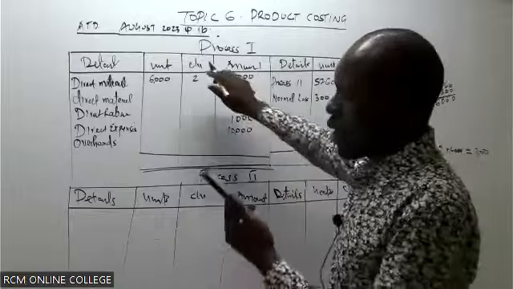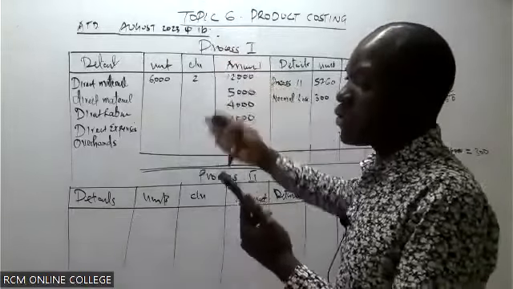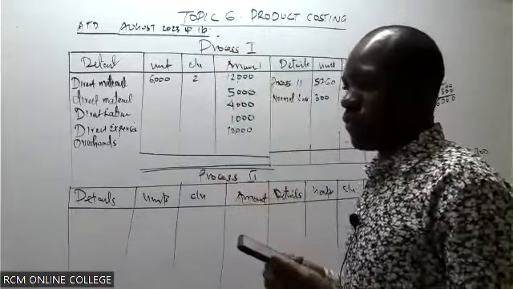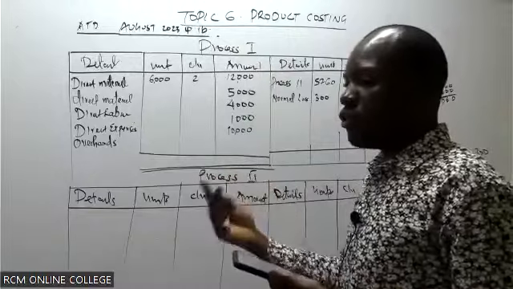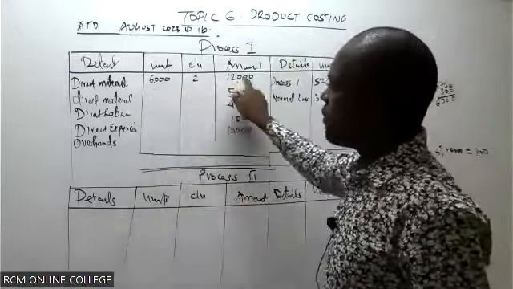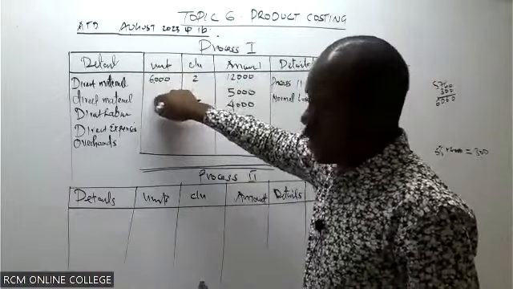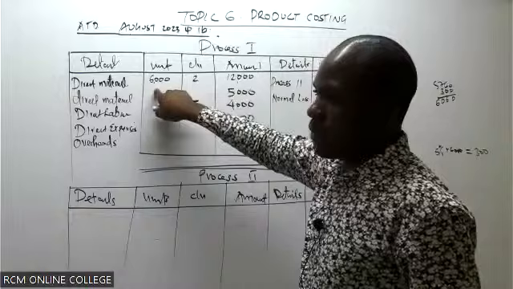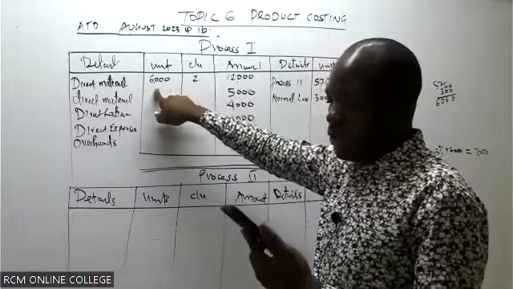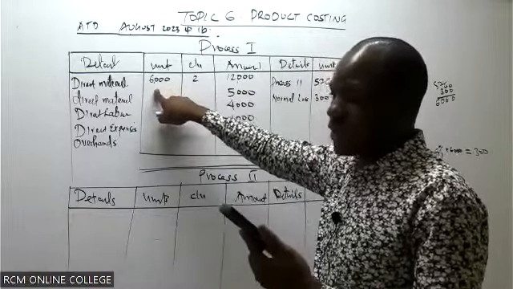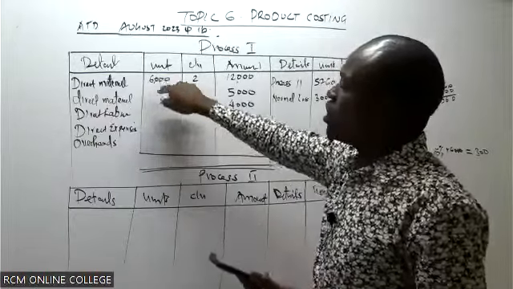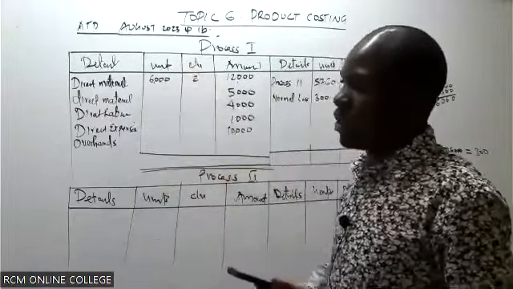How to get normal loss? We have been told normal loss is 5% of input. 5% of input of units, not the value of units. It is 5% of the units that were brought in. How many units were brought in? Are you able to see direct material? 6,000 units. So what is 5% of 6,000 units?